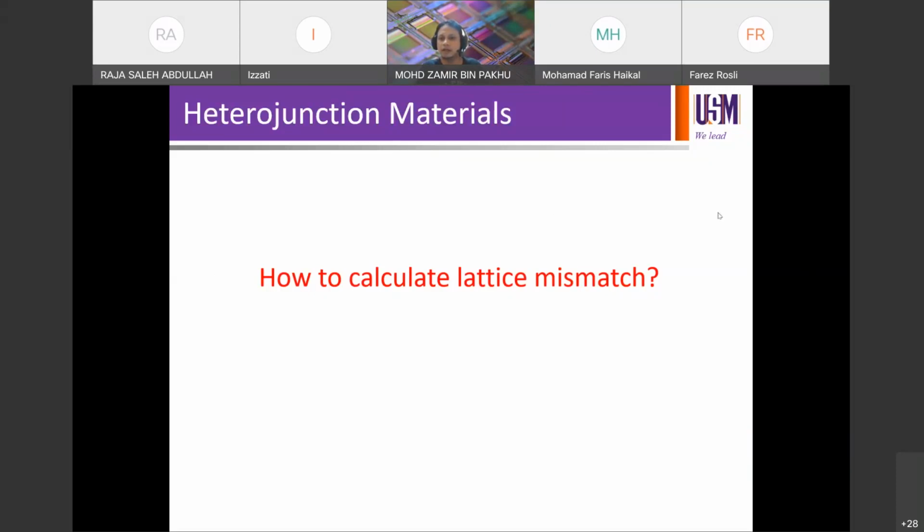How about Fatin? Fatin Nur Tahira. Fatin, can you unmute yourself? I can't hear your voice yet, Fatin. Fatin, can you unmute yourself? Shy, is it? Come on. How do we calculate mismatch?